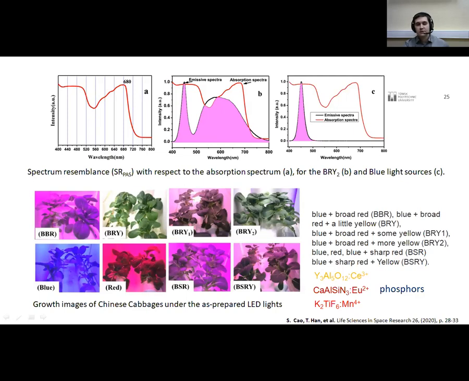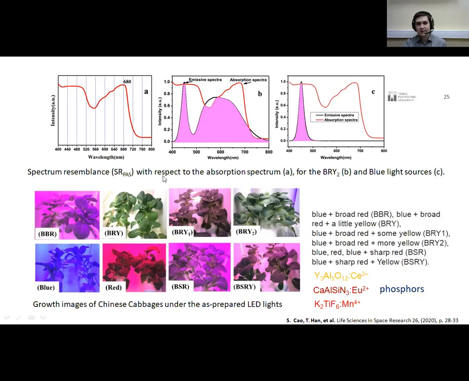The blue chip was first fixed on the bottom of the reflector. Then the phosphors used in the investigations were mixed with silicone gel, and the obtained phosphor-silicone mixture was coated on the surface of the LEDs. Then the LEDs were assembled on the aluminum substrate and a concave lens was added to produce different lights.